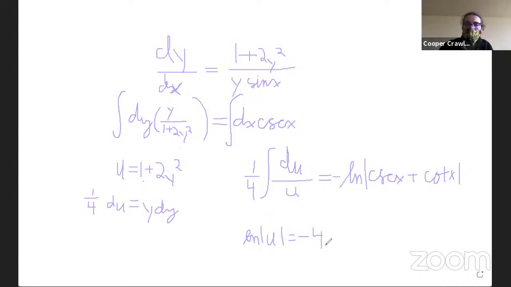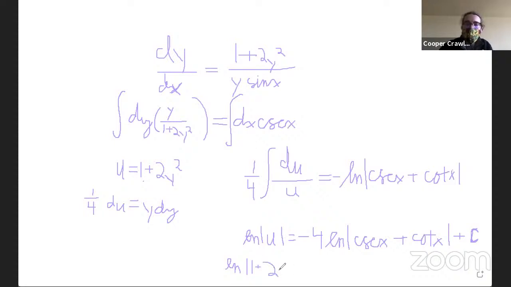Very nice. Okay. So we have -4 times a natural log of this mess, cotangent x. I haven't plugged my u back in, but I'm going to go ahead and put the plus c right here. And this leaves us with natural log of 1 plus 2y squared.